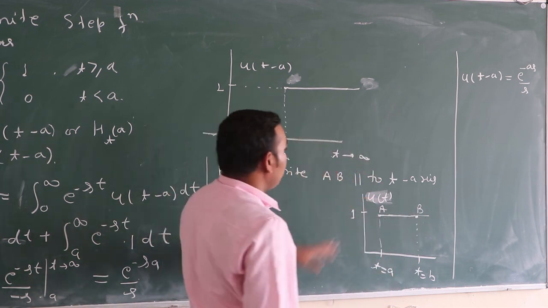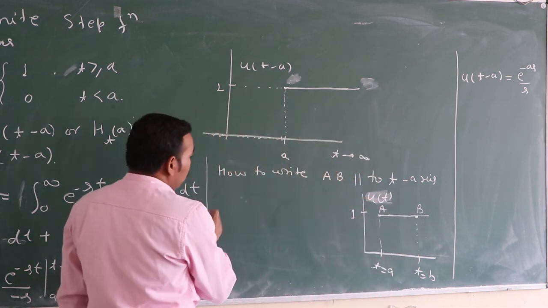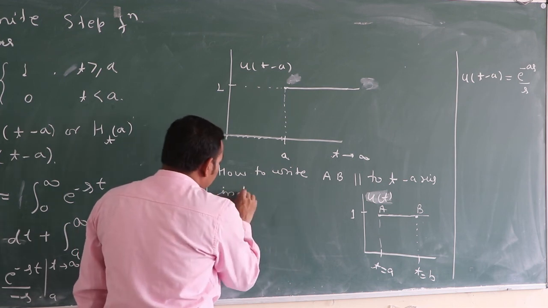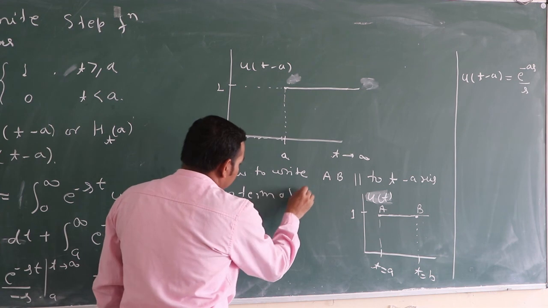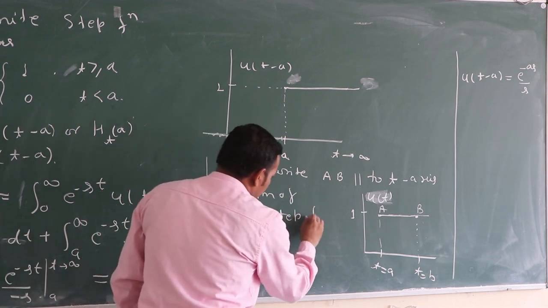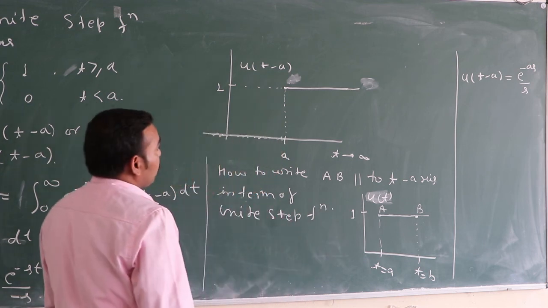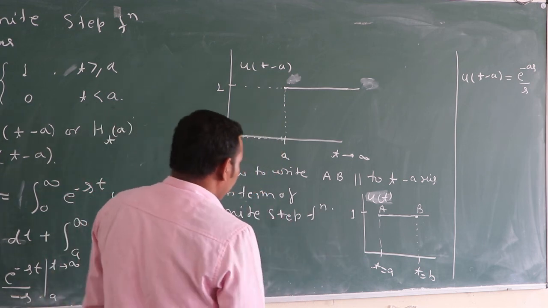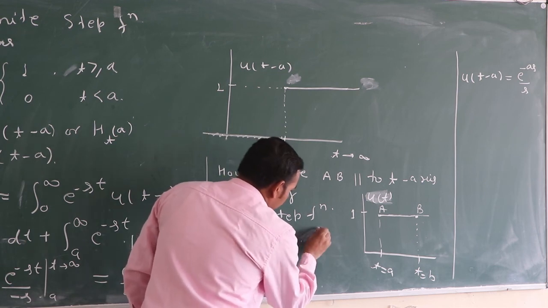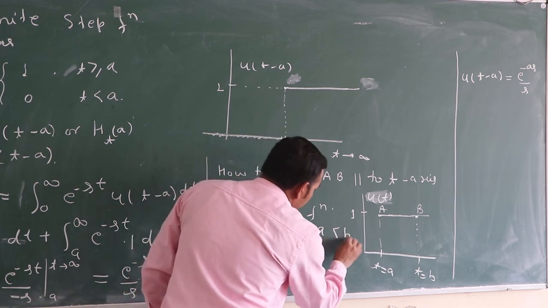parallel to the t axis. So how do we write AB in terms of the unit step function? Here a is less than b.